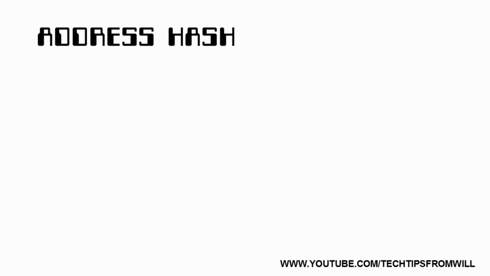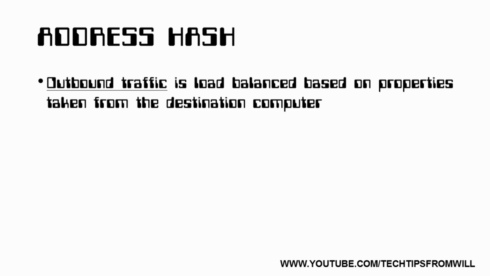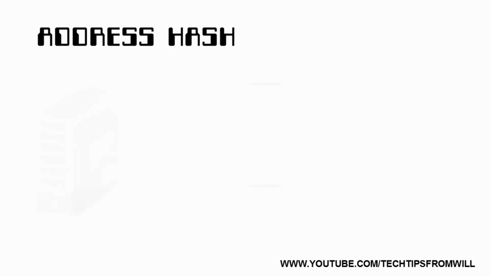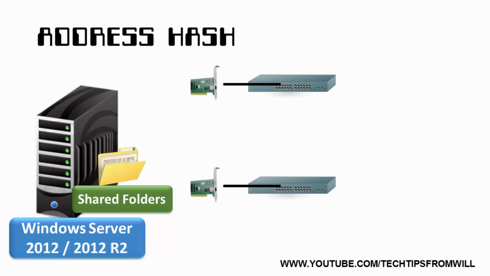With address hash, all of the outbound network traffic, that is, traffic that is sent out from the server, is load balanced based on properties taken from the destination computer, such as the destination computer's MAC address, IP address, or even port numbers. To demonstrate this better, let's go back to our file server from earlier.